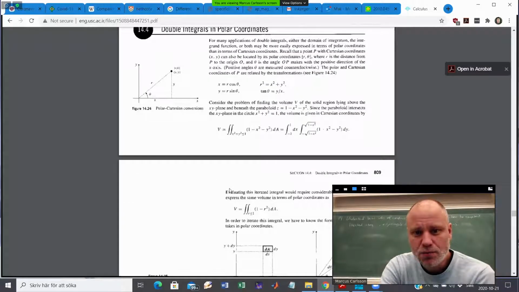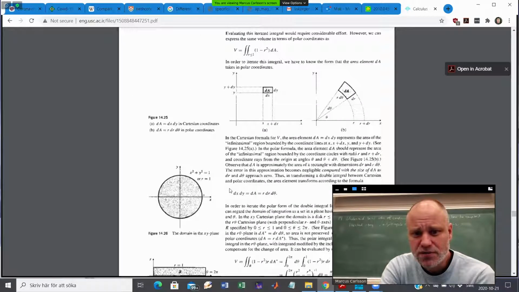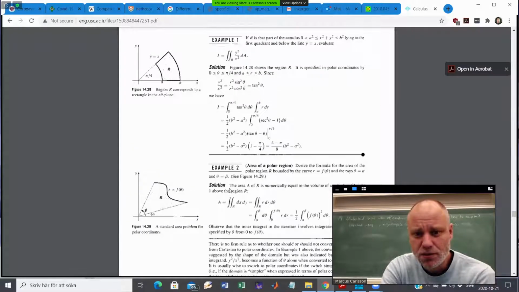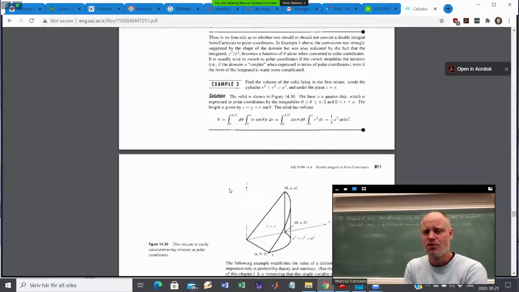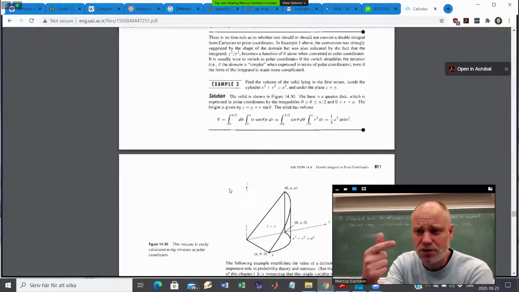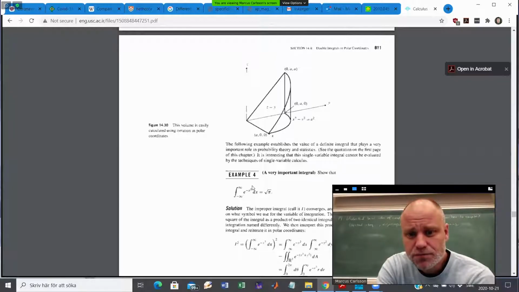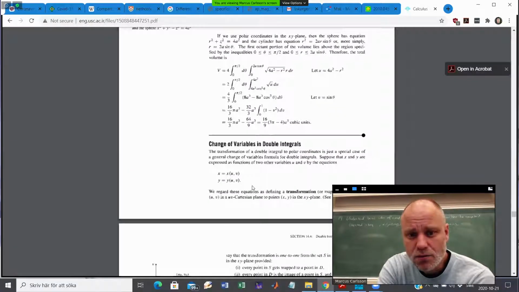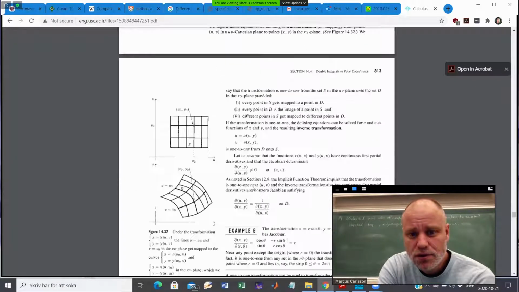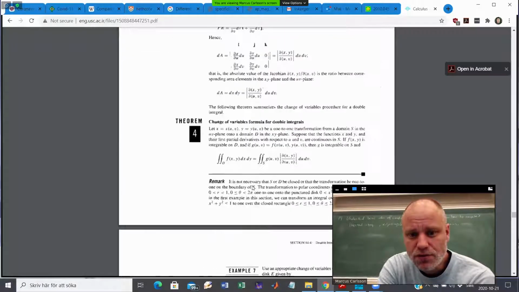Okay, then comes change of variables, and this is very important. The only real change of variables we will ever do is polar coordinates, spherical coordinates, or linear change of variables. So those three are the ones to focus on. Here is the theory for this.